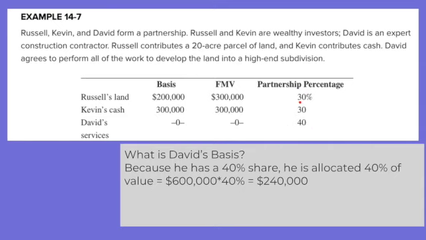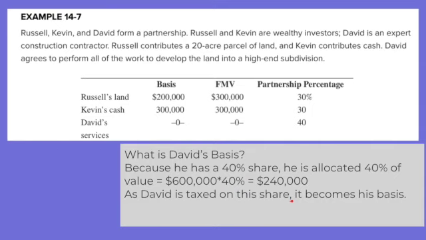Russell will get 30% of 600,000, Kevin will get 30%, and David will get 240,000. We'll talk more about how this all comes together. So David is taxed on this share, and it becomes part of his basis because he's taxed on it.